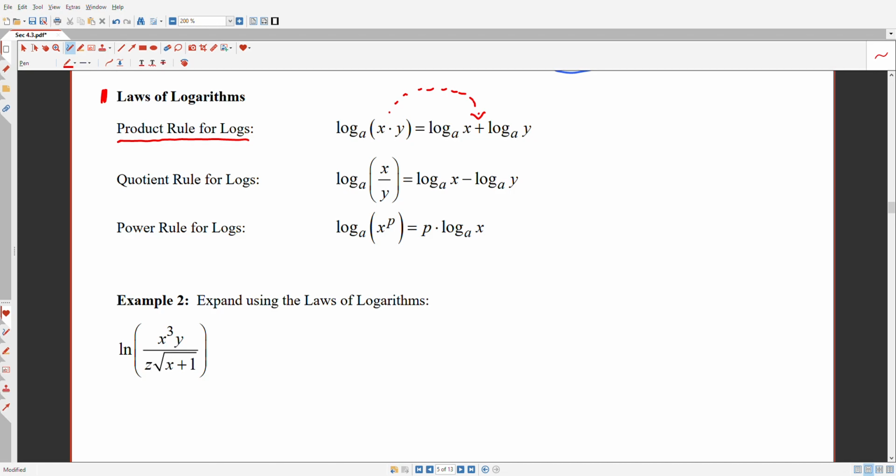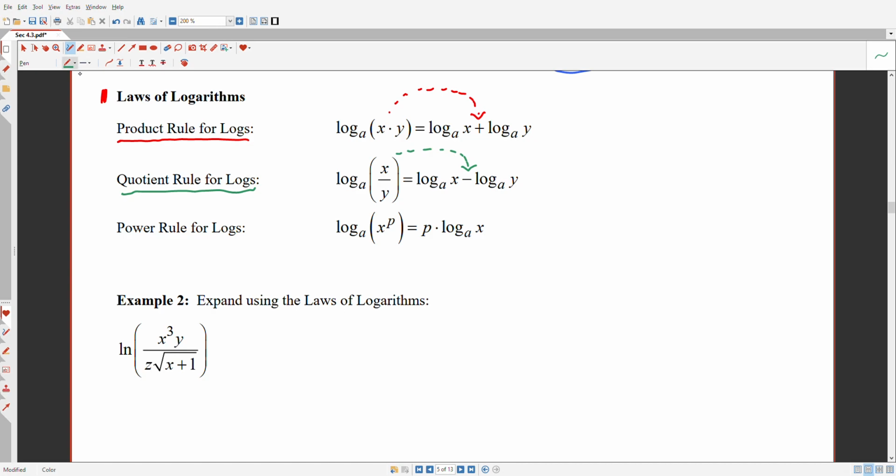This was one of the main reasons logarithms were first invented and used way back before we had calculators, because multiplying numbers took a lot of time and effort, and if you use logarithms, it turns multiplying into adding. Similarly, if multiplying gets turned into adding, dividing, or taking a quotient, should get turned into subtracting.